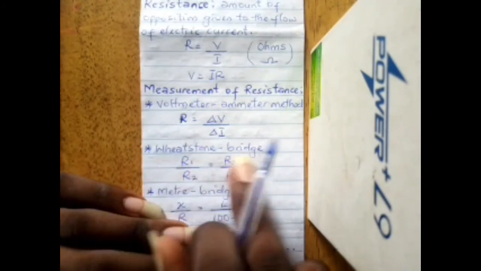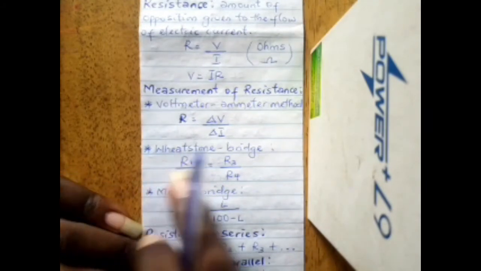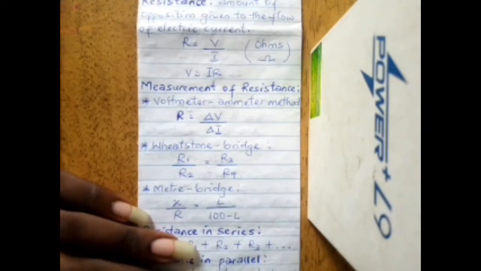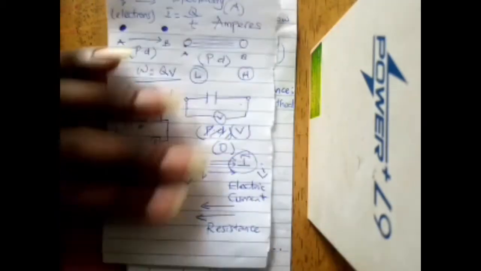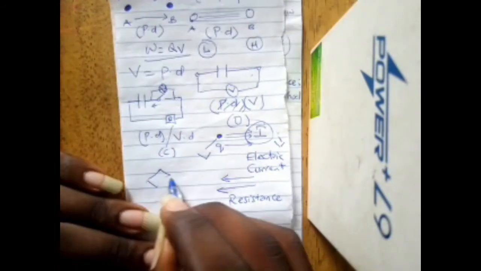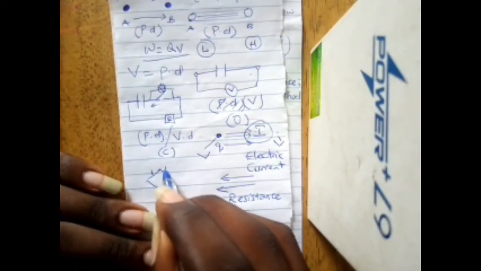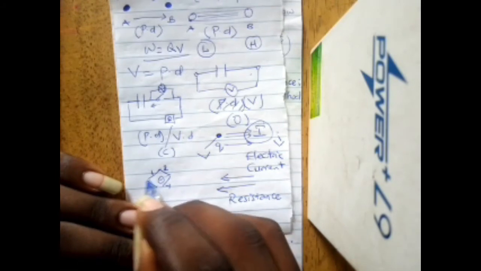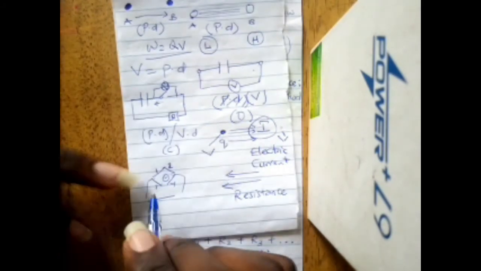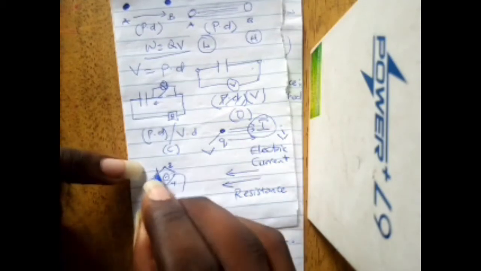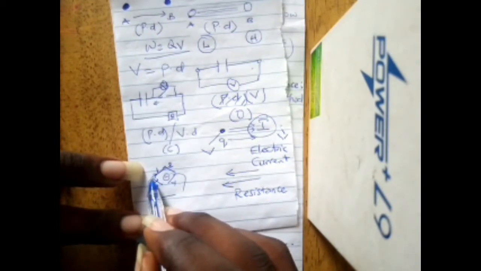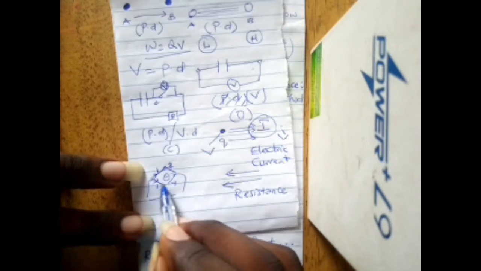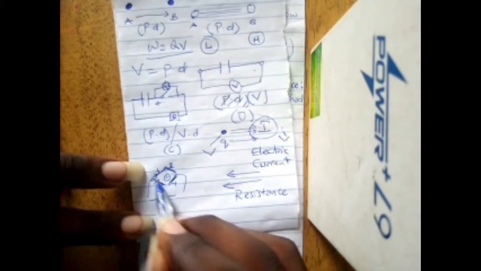Now we also have the Wheatstone bridge method. This Wheatstone bridge method has a simple electrical setup where you have four resistors combined: resistor 1, 2, 3, 4. You have a galvanometer. From the setup, the current moving in this point is equal to the current which moves in this point, and the current here is equal to the current here.